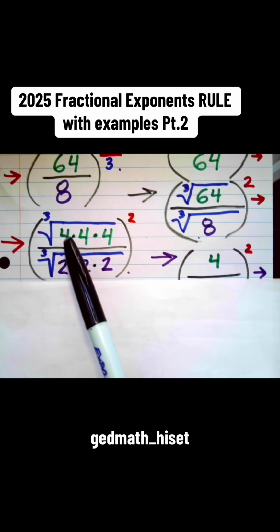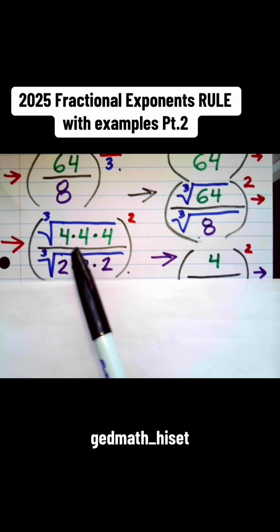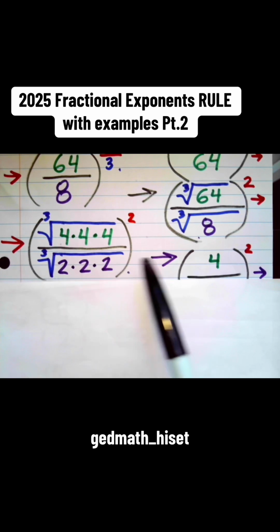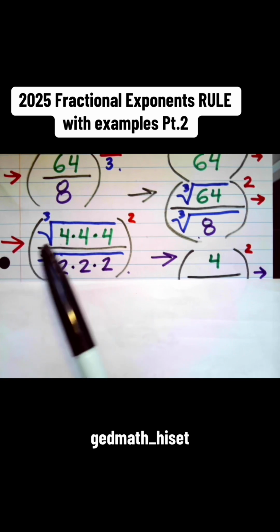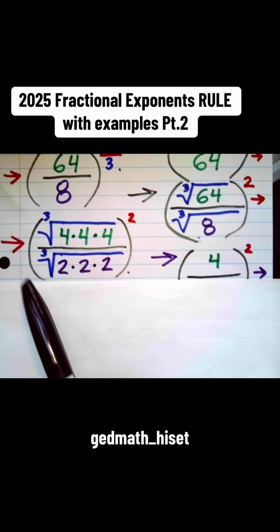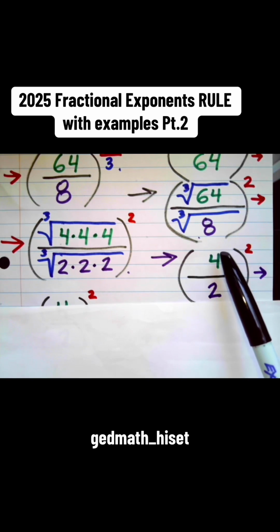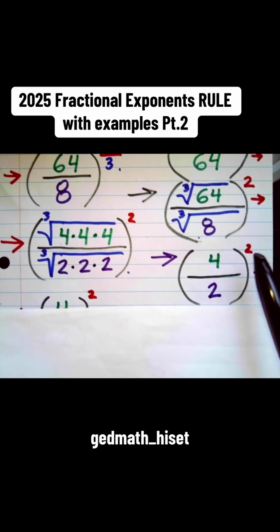Now for a cube root, in review, I need 3 of the same item to pull out just one value. So I can pull out 1 four, I can free up 1 four from that cubed root, and I can free up 1 two from that cubed root, which is what I'm doing here. I have 4 over 2. It's still raised to that second power.